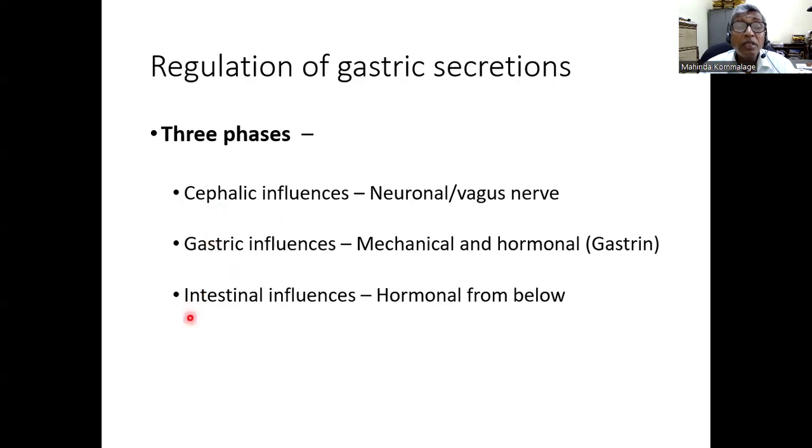We divide them into three phases for educational purposes, only to learn. So, to start very briefly, three types of influence.